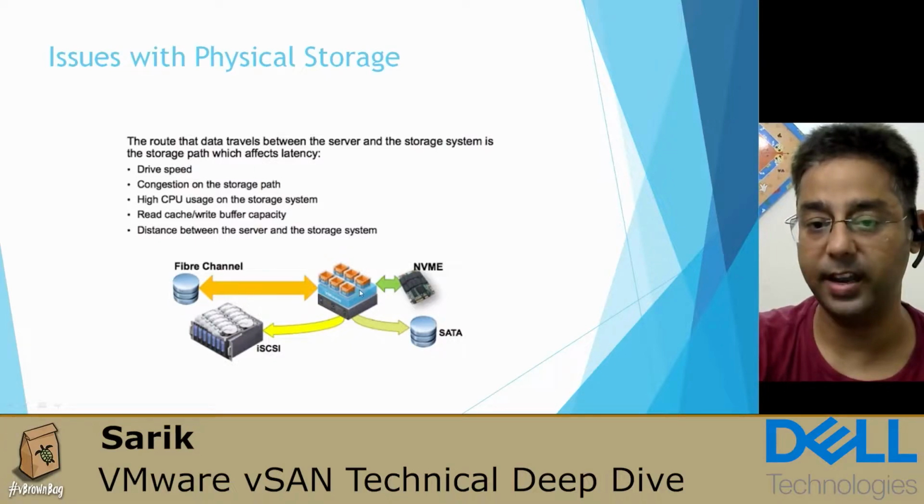Sometimes storage has high CPU utilization, and because of that storage degraded its performance, and because of that we had latency issues on the VMs or the servers themselves, right? So these are the issues with physical storage.